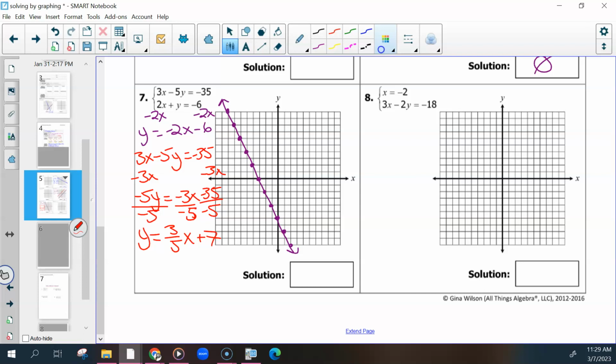Without graphing, if I'm comparing the slopes, I know it's going to have one type of solution. They're not parallel lines. They don't have the same slope, so it can't be none. And they're not the exact same, so it can't be infinitely many. I just have to figure out what that is. So start off at 7, and you can go up 3 to the right 5, down 3 to the left 5.